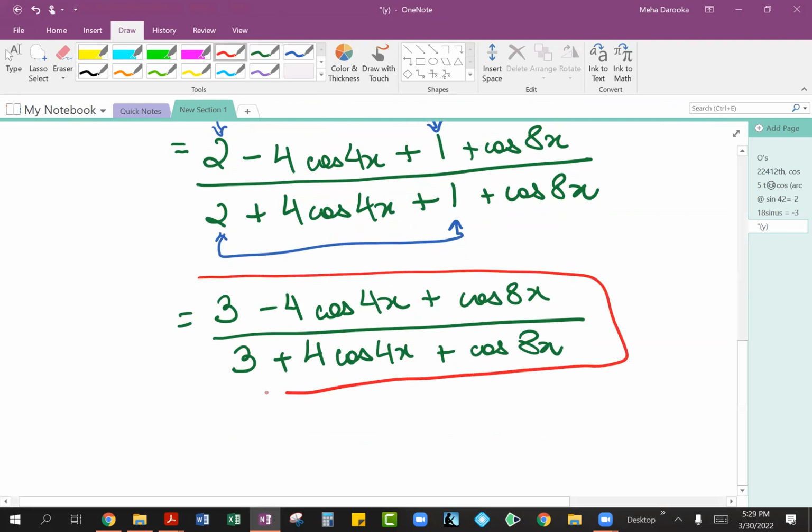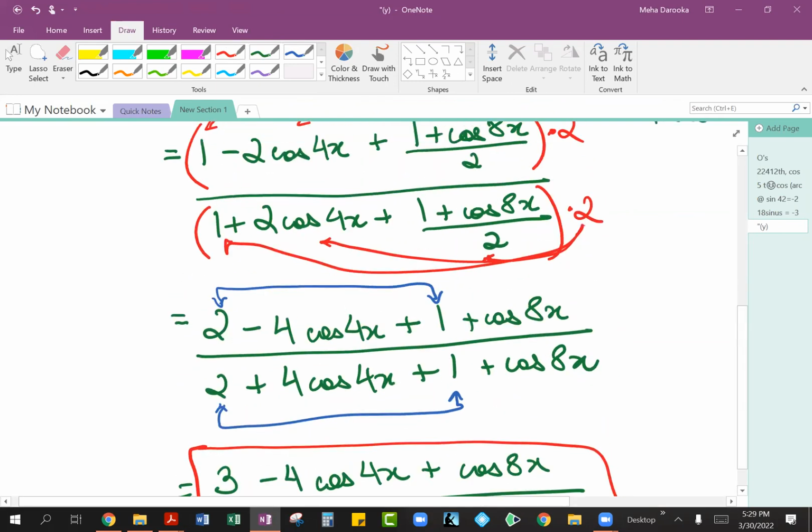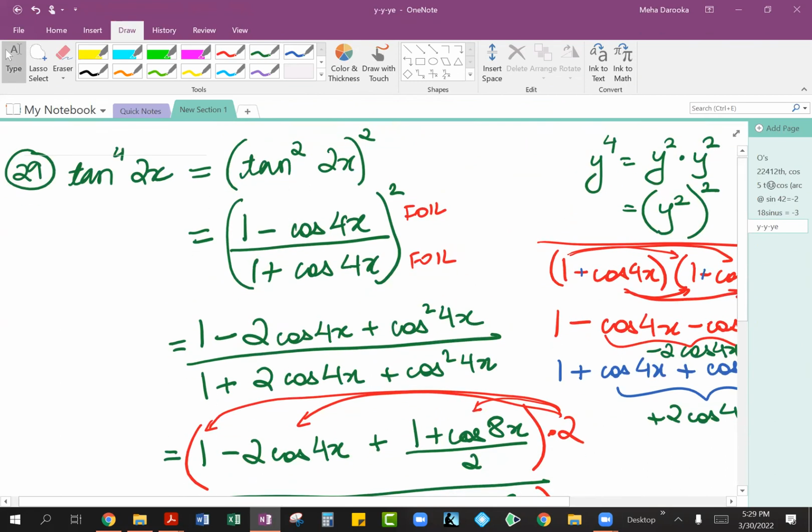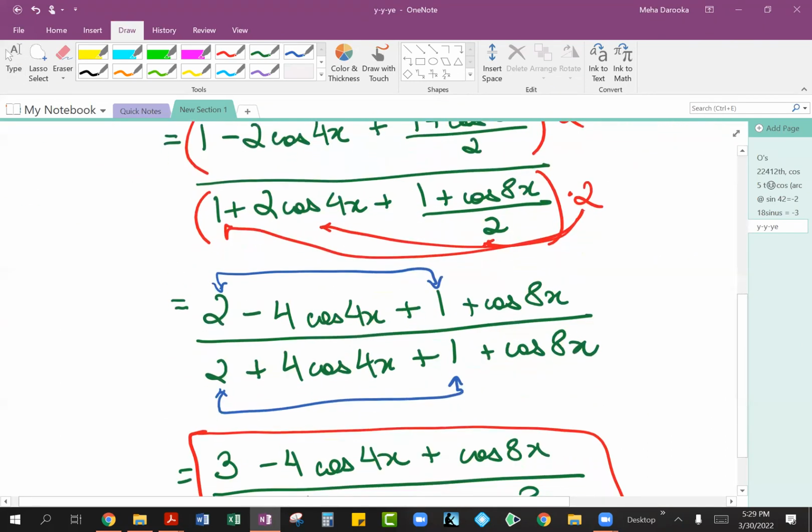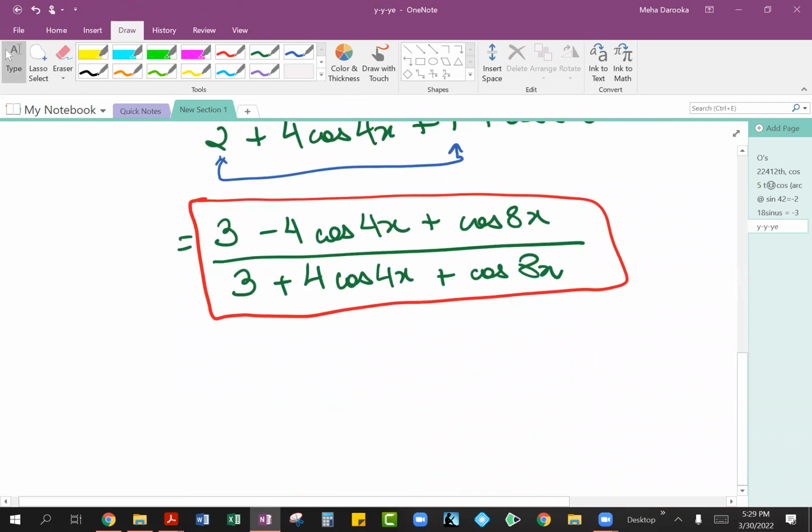So this is your power reducing formula where we took it from the 4th power on the tangent function, and we basically had to break it down where you did not have any exponent on your trigonometric function at all. It was all going to be in the 1st degree or 1st power. And that's kind of what this breaks down into.